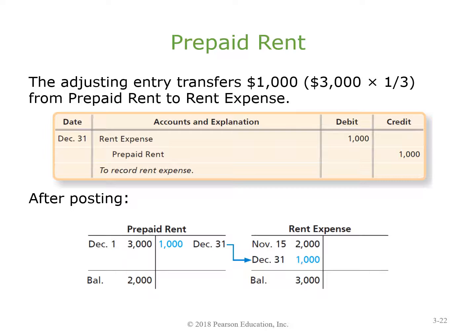So we move it out of the asset, we credit prepaid rent, and we put it into the expense by debiting rent expense, because time has gone by and 1 month has been used up. At this point in time, they had $3,000 in prepaid rent. 1 month has gone by, so now there is a balance in prepaid rent of $2,000. 3,000 minus 1 is 2. So now the ending balance is $2,000.